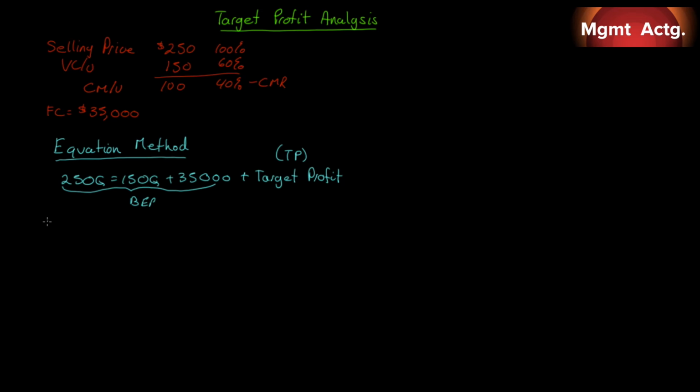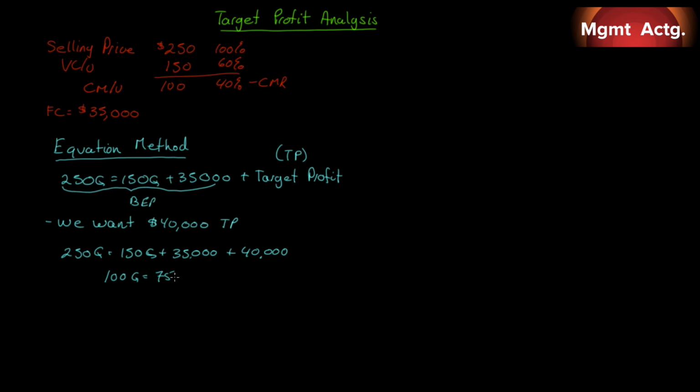So let's say we want $40,000 in target profit. Here's what we do. 250Q equals 150Q, our variable costs, plus $35,000, our fixed costs, plus $40,000, our target profit. There we go. And all we need to do now is solve for Q. 100Q equals 75,000.